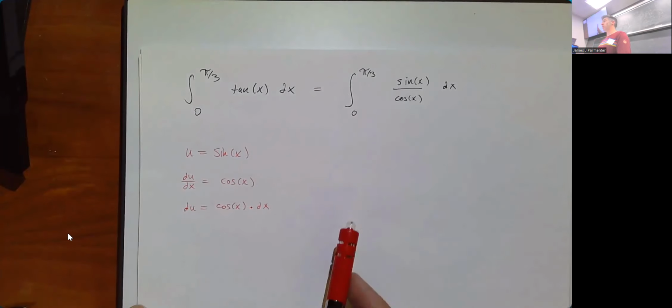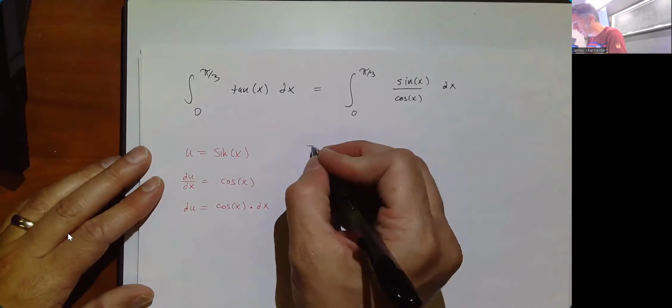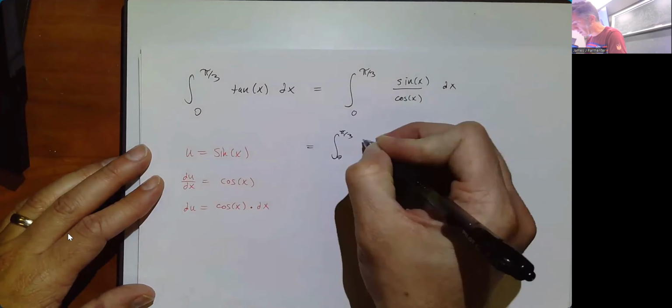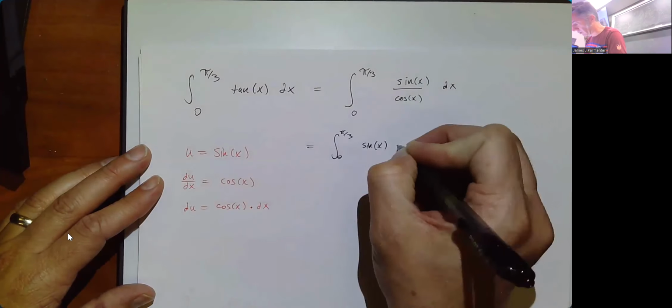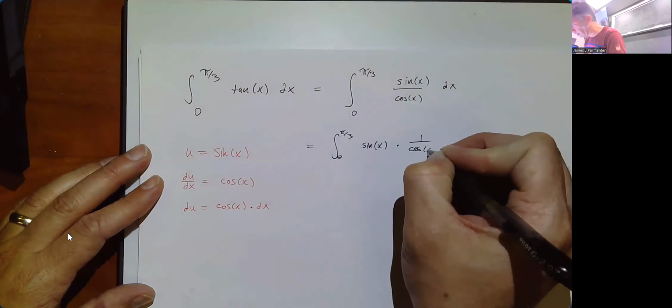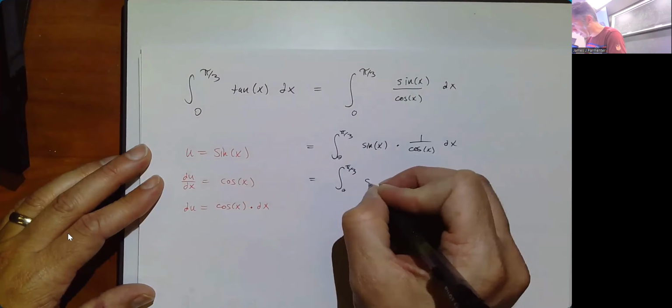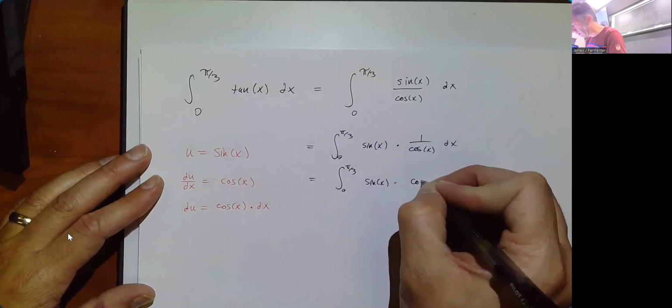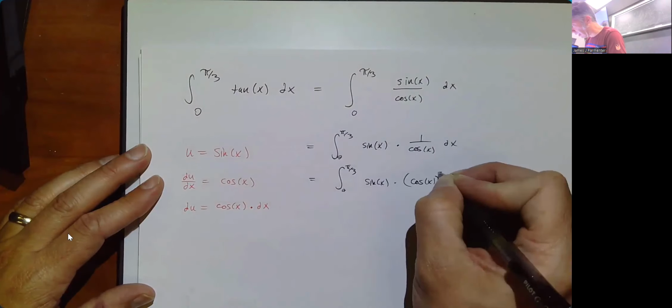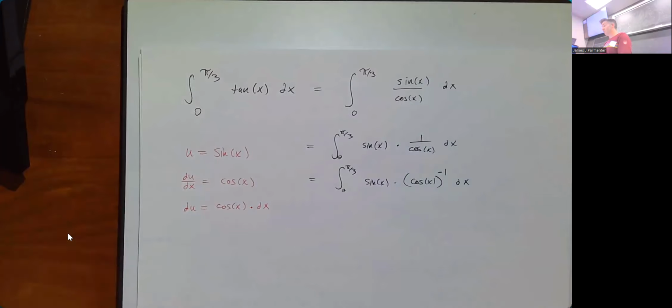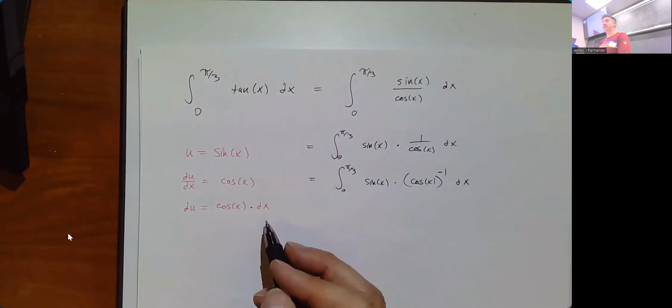I have 1 over cosine times dx, which is a totally different animal. If you write this out, you can think of this as sine of x times 1 over cosine of x times dx. Or if you prefer, sine of x times cosine of x to the -1 times dx. But we definitely do not have that.